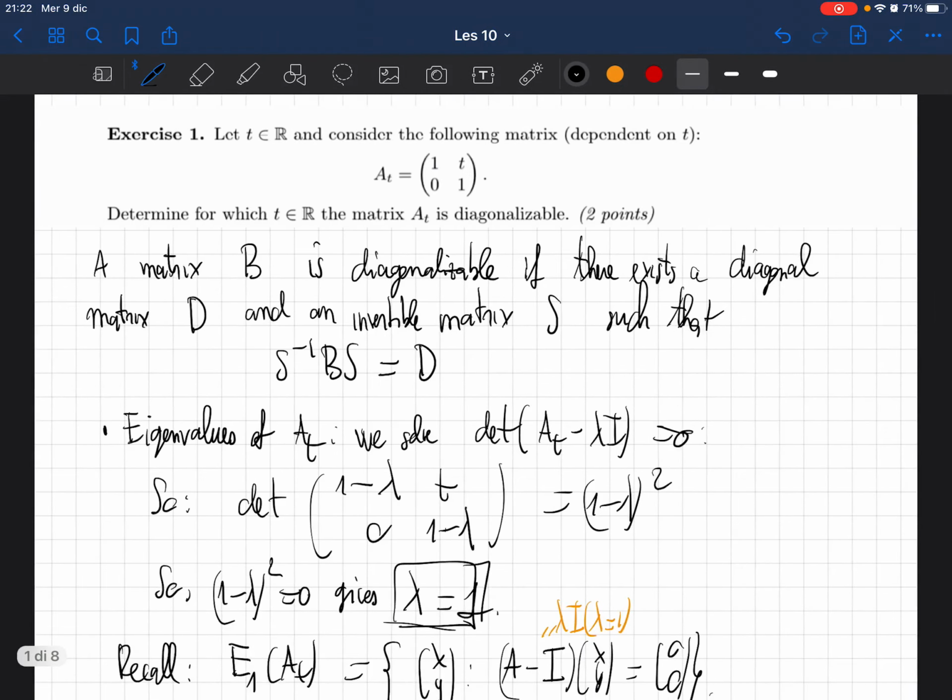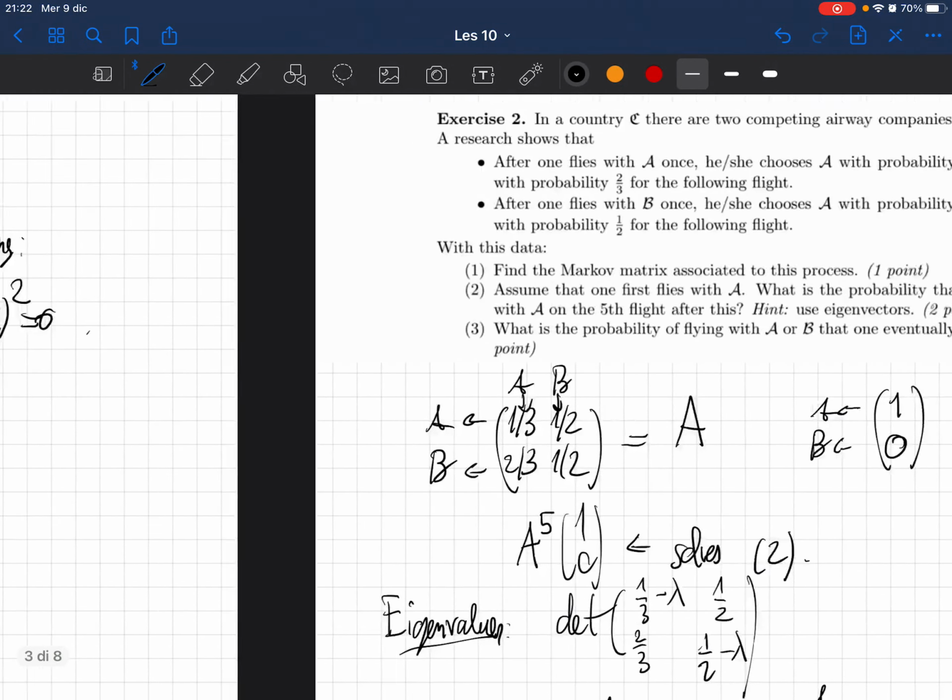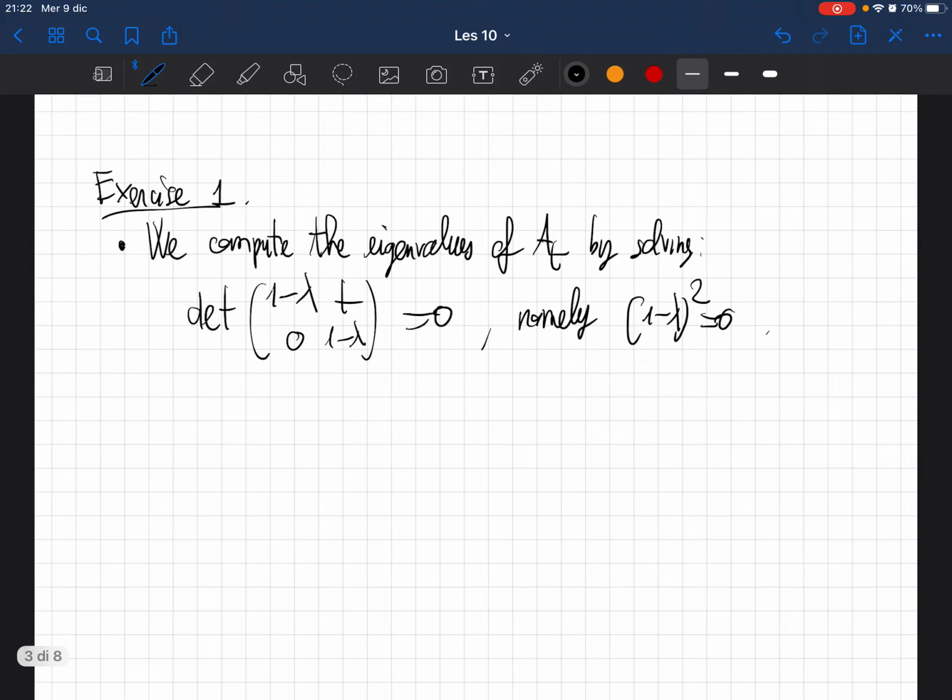So is it correct? Let me check. Yes. Okay. We find lambda equal to 1. Nice. Fine. Okay. Lambda equal to 1.